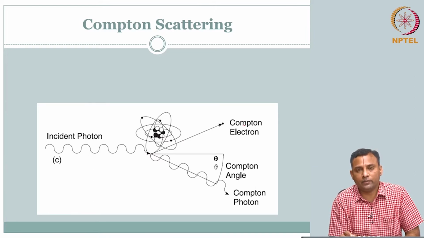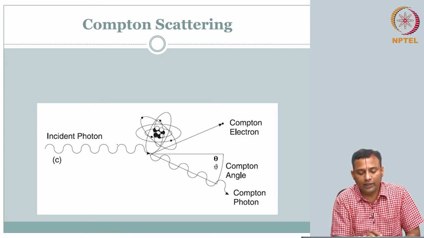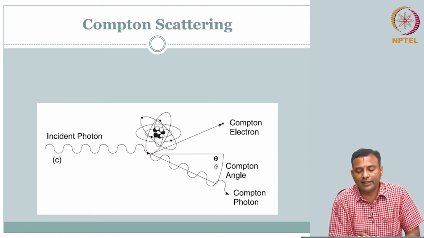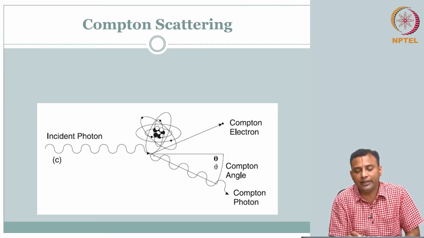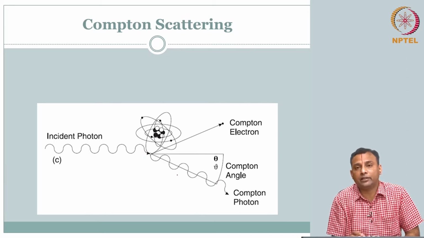So, when you do that, the incident photon loses energy to the Compton electron. It now has reduced energy, and after kicking the electron, with the new energy, it scatters to a different path.